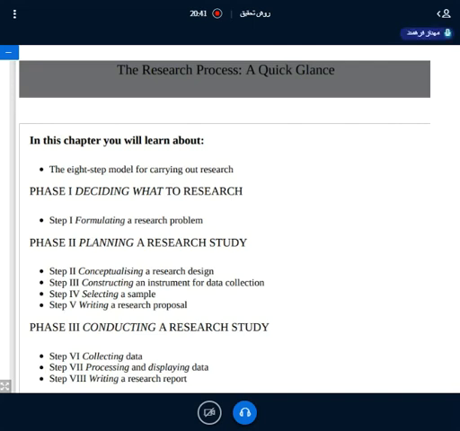So after writing the research proposal, we must collect data, then process and display them, and then write a research report as the final step.